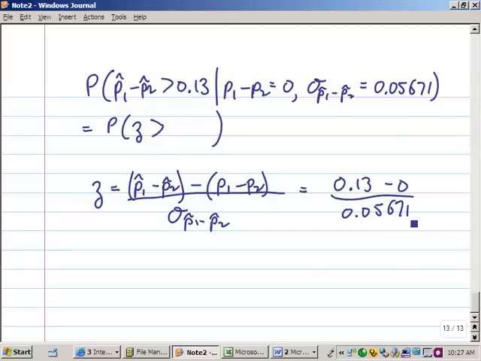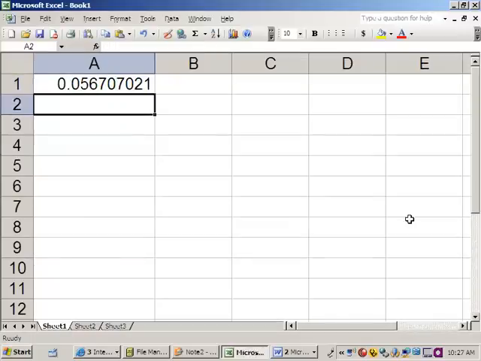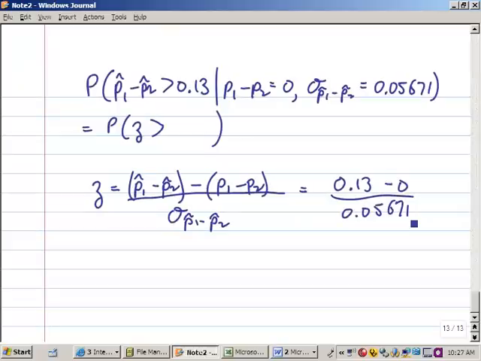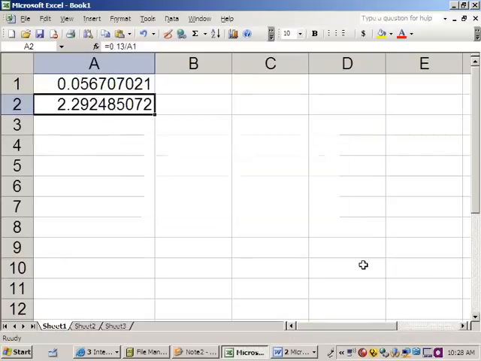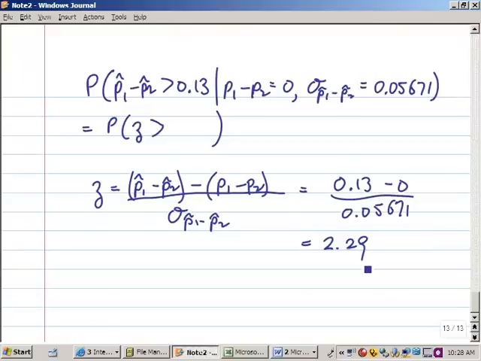Let's go to Excel and figure that out. So that's 0.13 minus 0 divided by the standard deviation. To 2 decimal places, it's 2.29. We always go to 2 decimal places on the z because that's the best our tables give us.